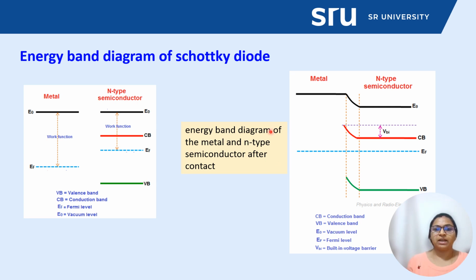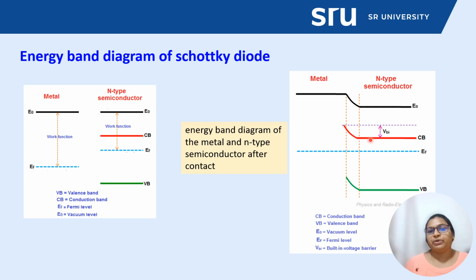The energy level diagram of the metal and n-type semiconductor is drawn here. We can see that when the metal is joined with the n-type semiconductor, because the work function and energy level are different, this device created is named the Schottky diode.